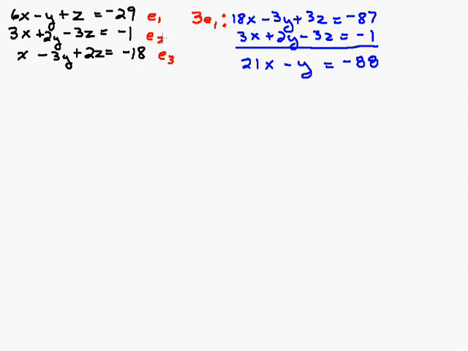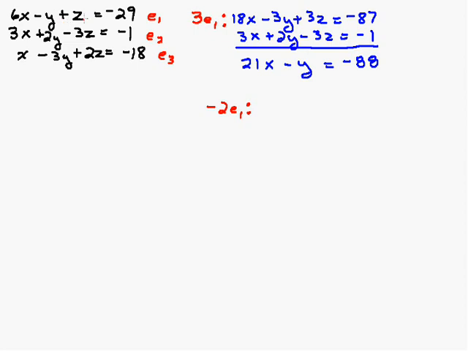If I do equation 2 and equation 3, I'm probably going to have to multiply both equations. So I'm thinking that might be a little more work. So I think what I'll do is multiply equation 1 by -2, so that I can add that to equation 3 and the z's will drop out.